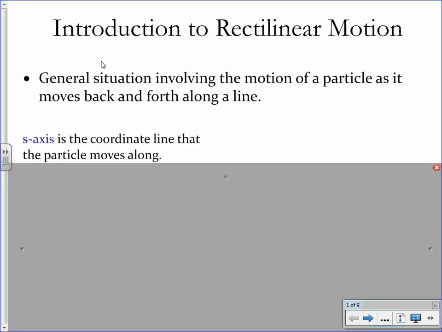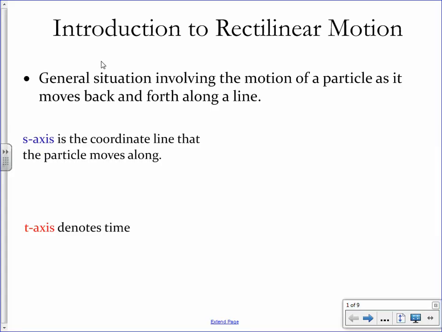Instead of y and x, our variables are going to be s and t. So we're going to have an s-axis that is going to denote where our particle is. We have our t-axis. That is going to denote when our particle is where it is. So we have time versus position.